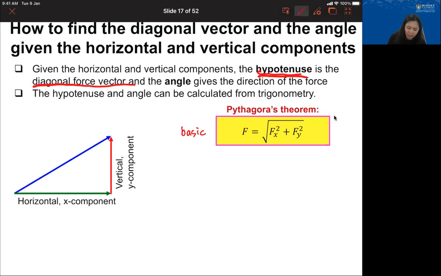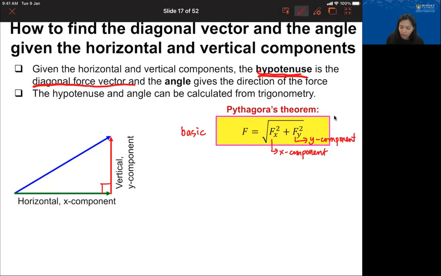Pythagoras theorem says that if you have a right angle triangle where the vertical and horizontal components make an angle of 90 degrees with each other, then you can calculate this hypotenuse, the diagonal side, by taking the square root of the x component squared plus the y component squared. This is the x component, the component along the horizontal, and this is the y component, the component along the vertical.